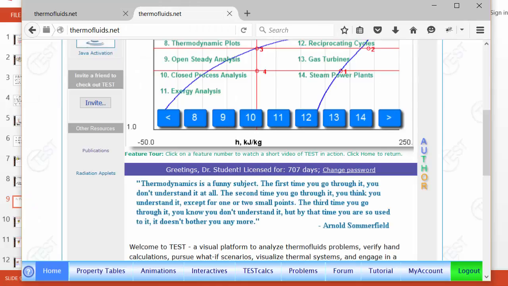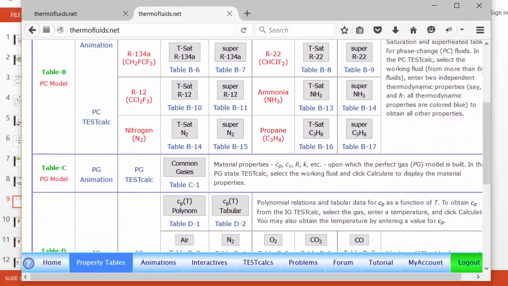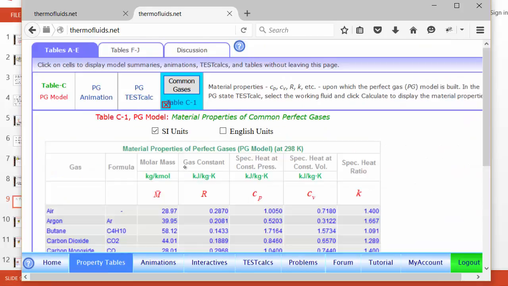But you can go and find that if you go to the property tables, and go to the PG model common gases, you can find the air values. Molar mass is about 29, 0.287 is R, Cp is 1.005, and Cv is 0.718. And the value of k, the ratio of Cp and Cv, is 1.4 for air.